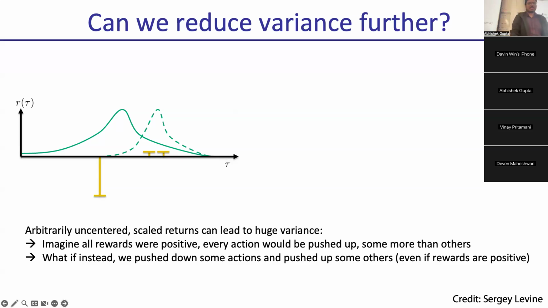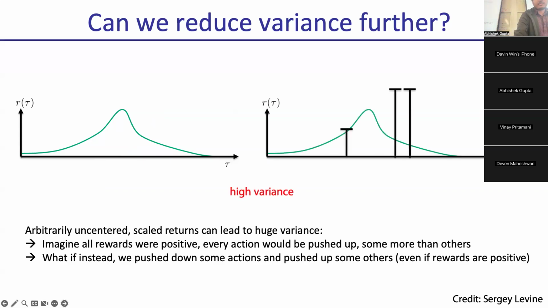Now, let's consider a scenario where you had a different set of samples, which looks something like this. You can see that the difference between those samples is the same. You just added a scalar to your reward. Everything got shifted up. But if you look at how the distribution shifts here, it's different.